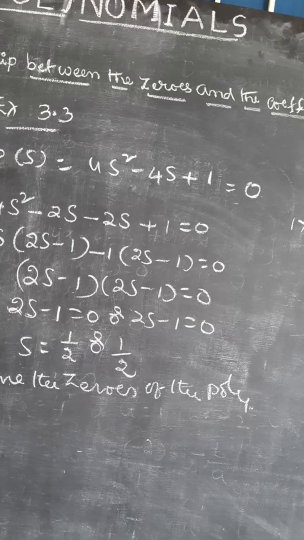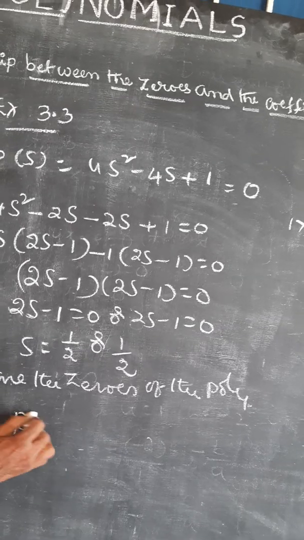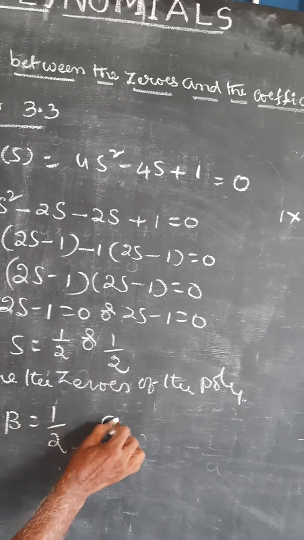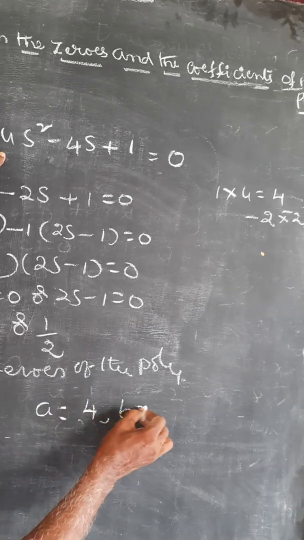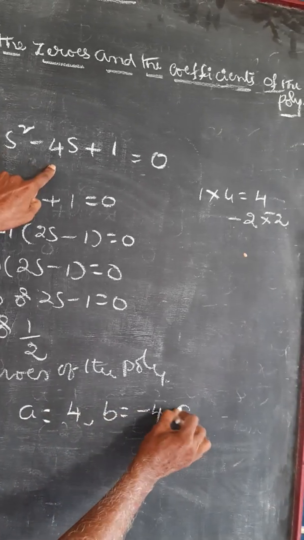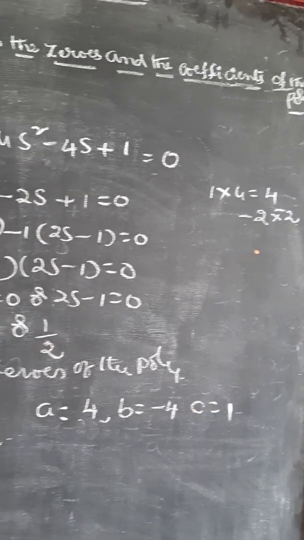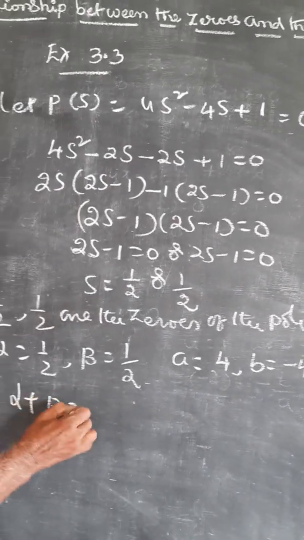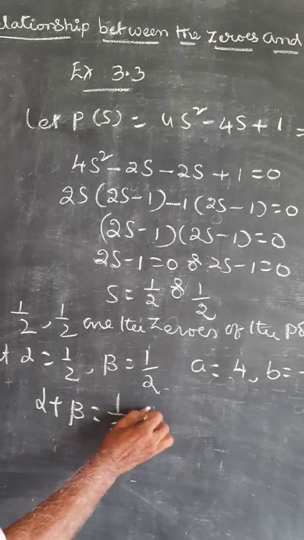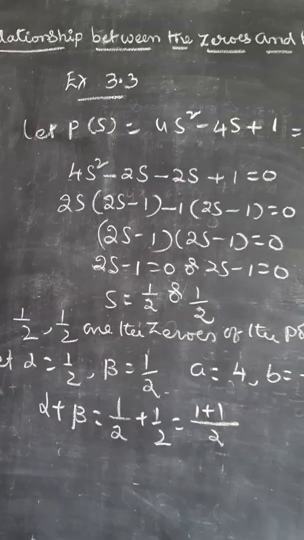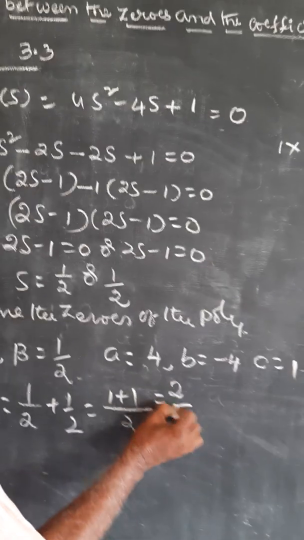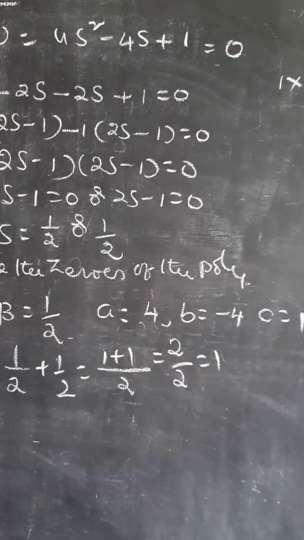Let alpha is equal to 1 by 2, comma beta is equal to 1 by 2. Go to the polynomial, s square coefficient 4, b minus 4 and c 1. Sum of the zeros, alpha plus beta is equal to 1 by 2 plus 1 by 2, LCM same, 1 plus 1 that is equal to 2 by 2 is equal to 1.